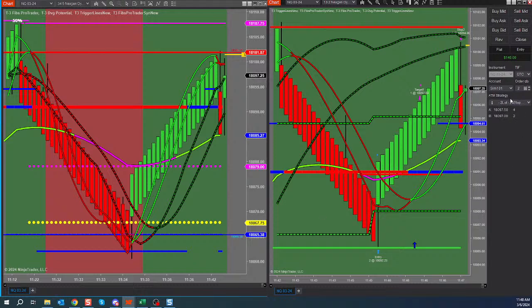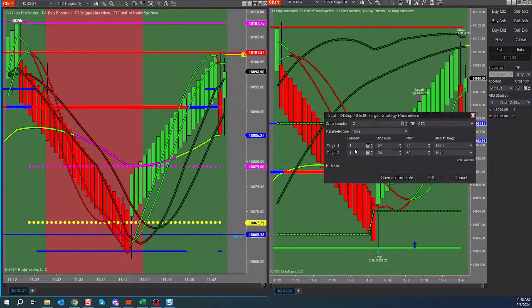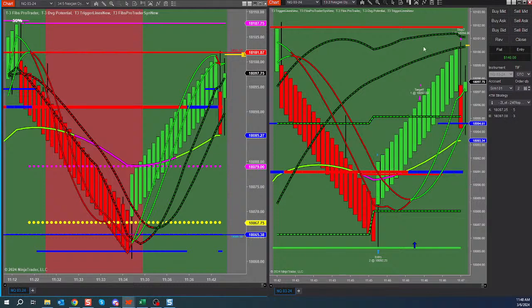No, Rob, an ATM is your strategy. So the ATM is how many targets, where your stop is, where your profits are, all that good stuff. Buy stop says if the market comes up to 150, instead of buying a limit order on the way down, I'm getting in if price reaches this area.